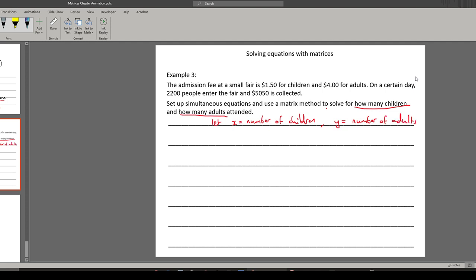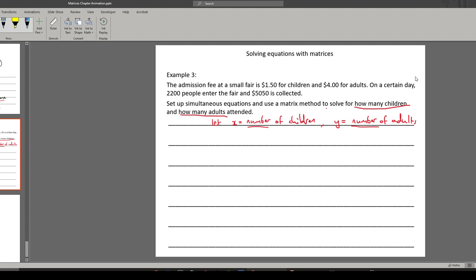And I didn't write just y equals adults, because what is that? Cost of adults? It's not clear. You need to be really clear. So y is equal to the number. If you start doing cost or not being clear, that's when people make the very common mistakes in forming incorrect equations.